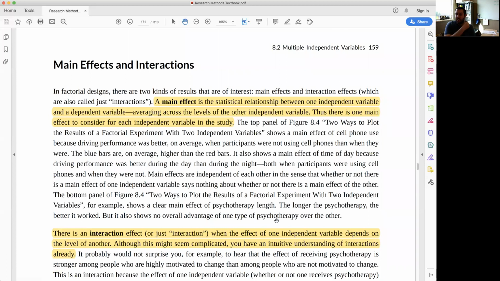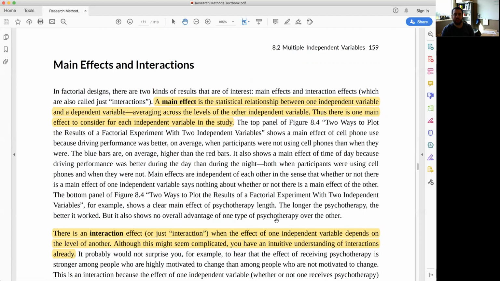All right, main effects and interactions. I don't want to go down the rabbit hole too much with this, but it is important to understand just for the right lingo. So a main effect is a statistical relationship between one independent variable and a dependent variable.